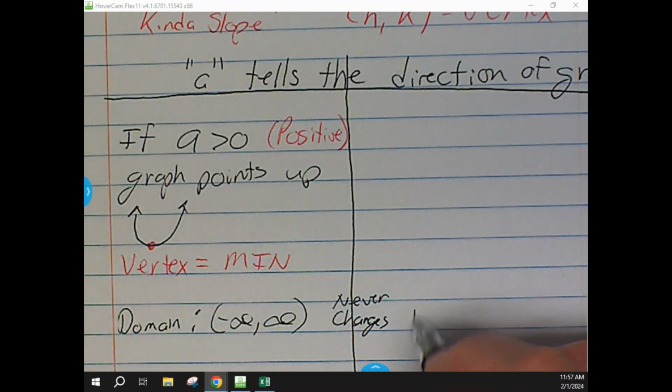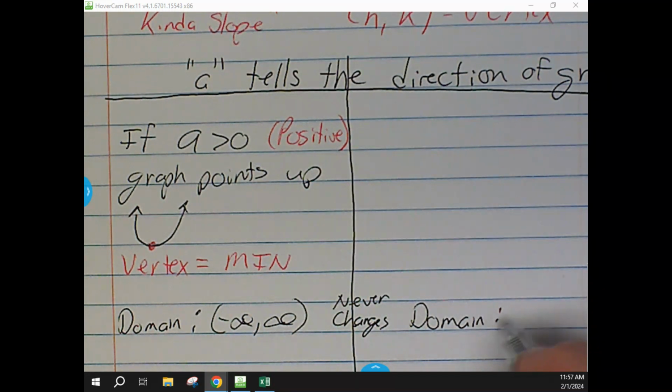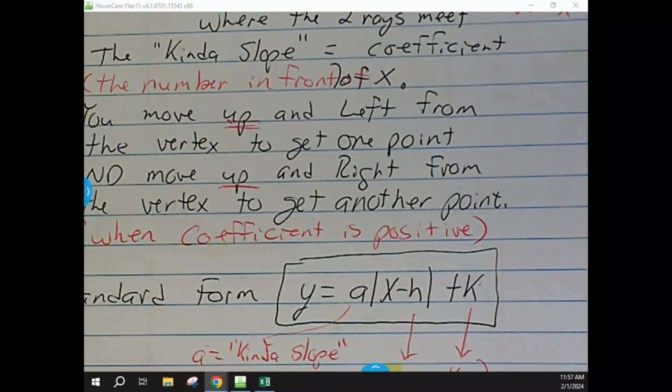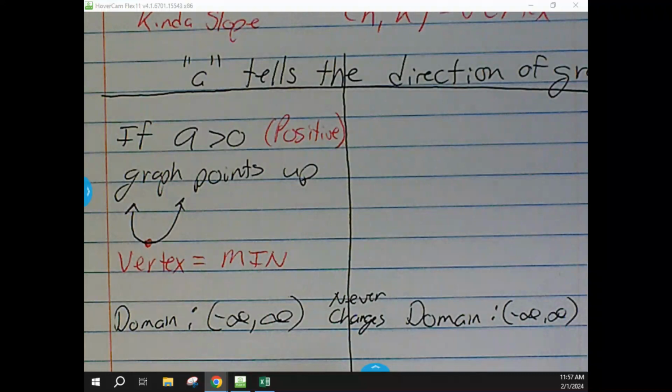Same thing when we get to the next one, when A is negative, but we'll get to that part next. As long as we're talking about x squared, or absolute value, the answer is always going to be negative infinity to infinity for domain every single time. So a lot of times they won't even ask you for it because we already know what the answer is going to be.